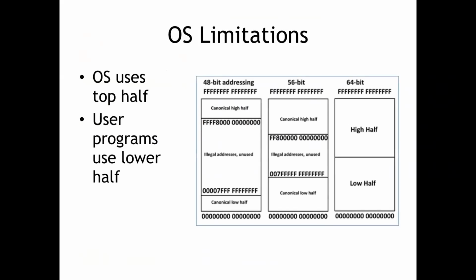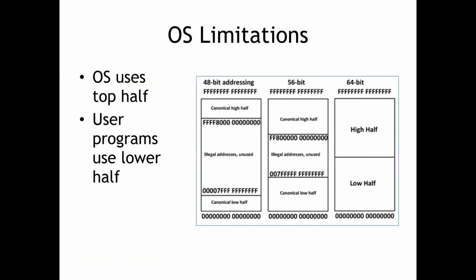Anyway, so here's another strange thing. The RAM that you can use is split into 2 chunks. The operating system uses the top half, and the user programs use the lower half, all of their addresses starting with a whole bunch of zeros. It is not one contiguous block of memory. There is a dead zone in the middle of the RAM space that you cannot use.